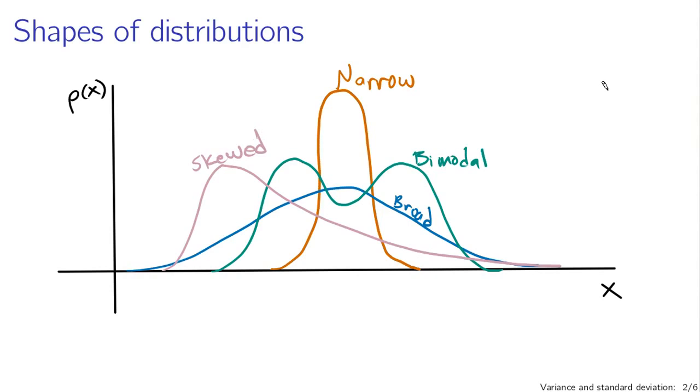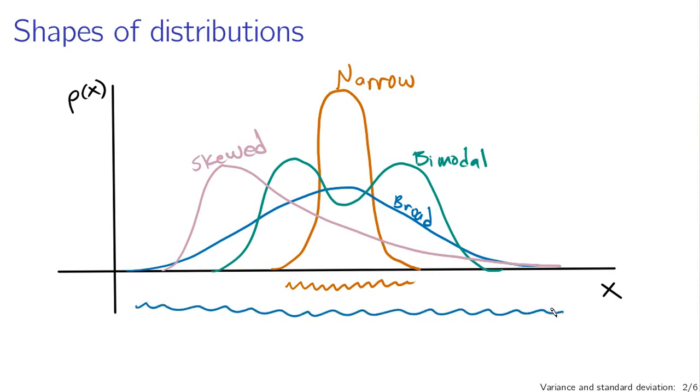So distributions have lots of different shapes, and if what we're interested in is the uncertainty, you can think about that roughly as the width of the distribution. For instance, if I'm drawing random numbers from the orange distribution, the narrow one here, they'll come over roughly this range. Whereas if I'm drawing from the blue distribution, they'll come over roughly this range.